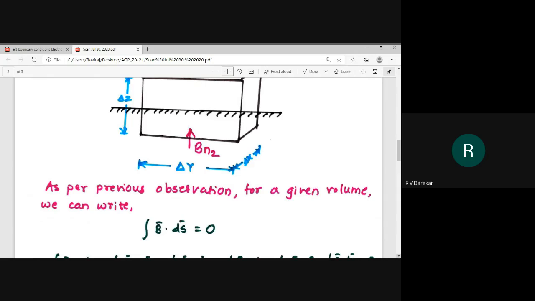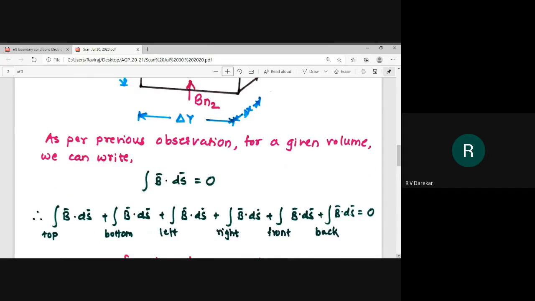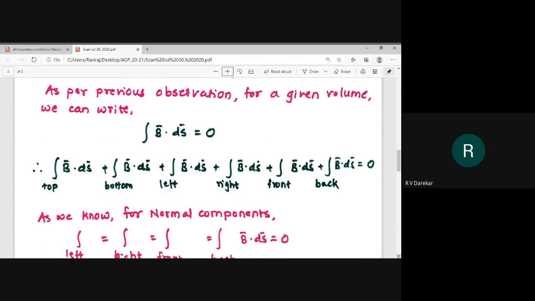All of you know that it is one of the equations from the set of Maxwell's equations. Now here, as there is a volume, we have to write the integration of b bar dot ds bar is equal to the composition of all 6 surfaces. It will consist of top surface, bottom surface, left, right, front as well as back. All 6 surfaces taken together can be equated to 0.